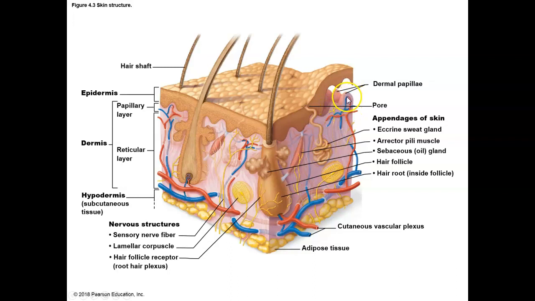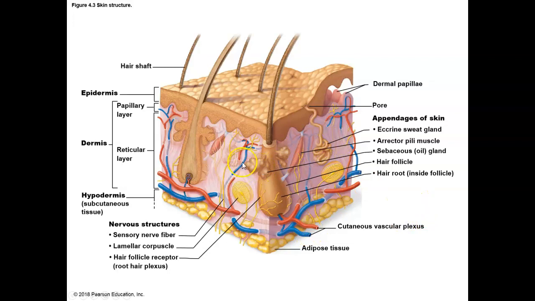It has a papillary layer, which is composed of the areolar connective tissue, which feeds our integument or our epidermis. And then we have a reticular layer, which is the deeper part, which is composed of predominantly dense irregular connective tissue. And then down here you can see that subcutaneous layer with all the fat.